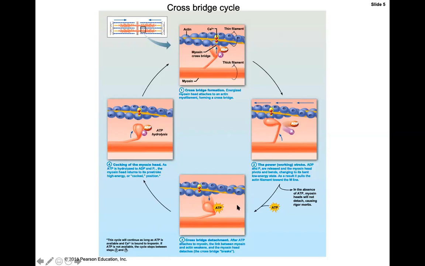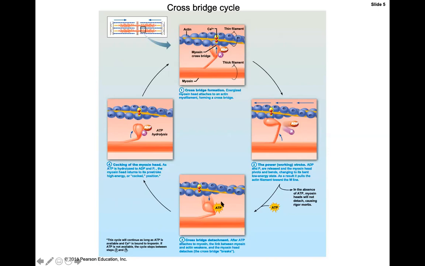Now, as ATP starts to hydrolyze, which means it's going to break down, it will become ADP, losing one of the phosphates. So it becomes an inorganic phosphate and ADP, which stands for adenosine diphosphate versus adenosine triphosphate. This hydrolysis of ATP to ADP causes the myosin head to become high energy and go into what we identify as a cocked position.